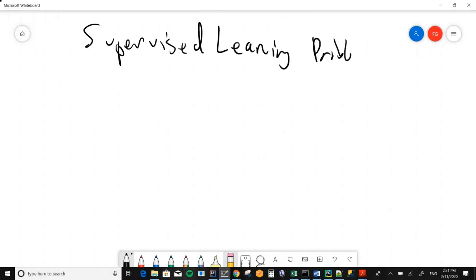So, overall framework. What is the supervised learning problem? What problem are we trying to solve to which supervised learning is the solution? So, the overall problem is a problem of prediction.